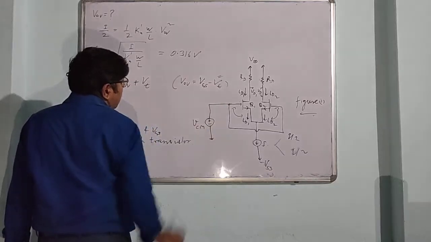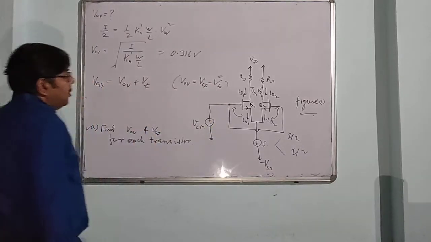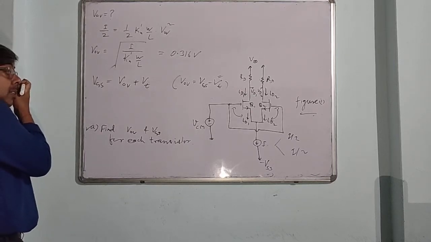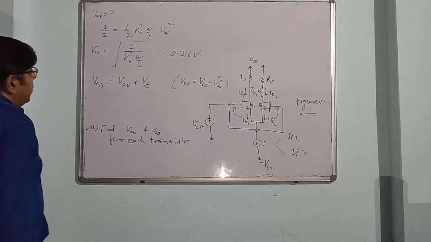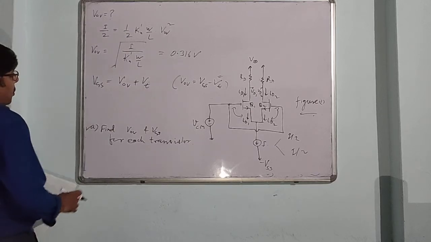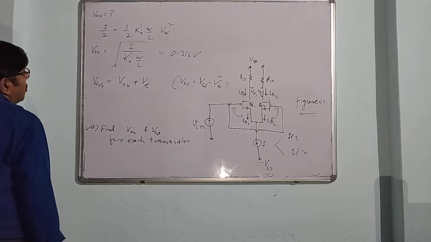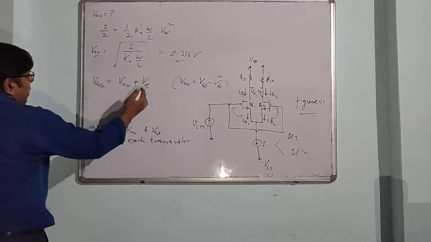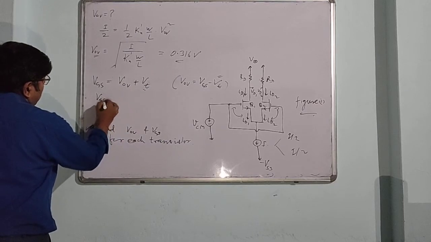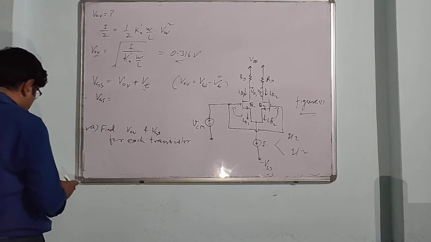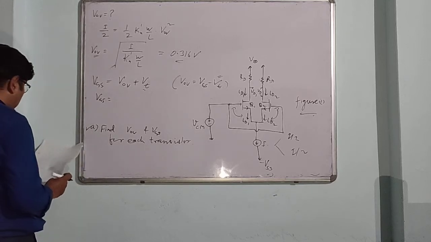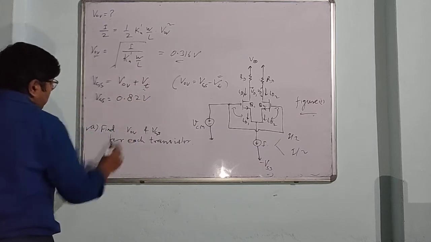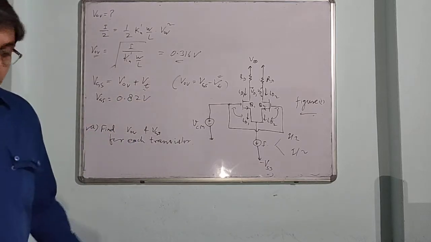The threshold voltage is the minimum required voltage to operate the transistor in saturation. We know overdrive voltage is 0.316 and VT is given, so after putting these two values, you will get VGS is simply 0.82 volts. So this is the first part.